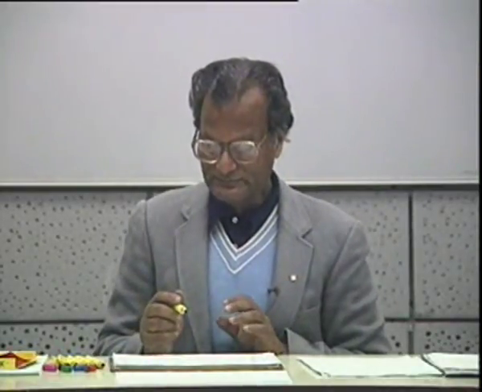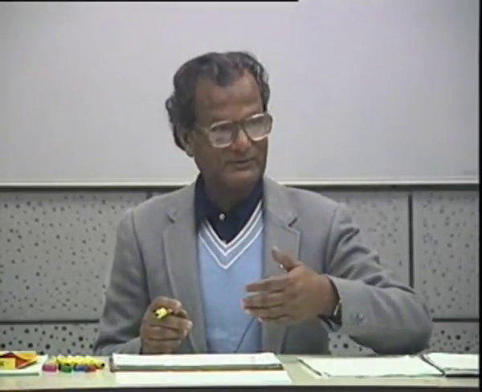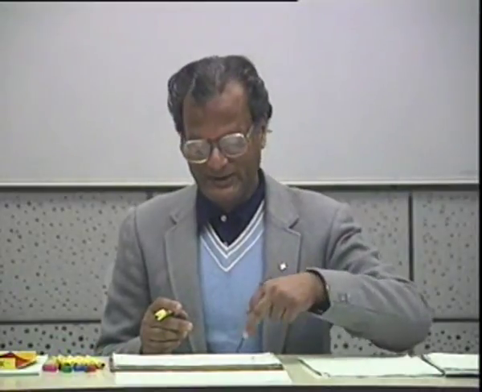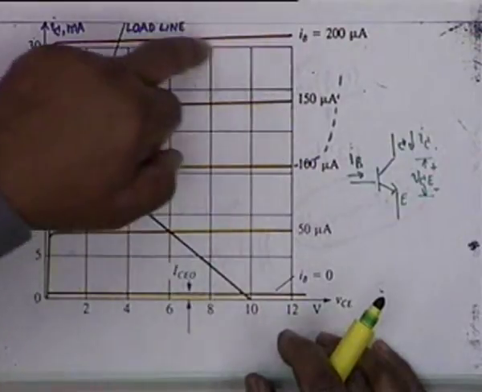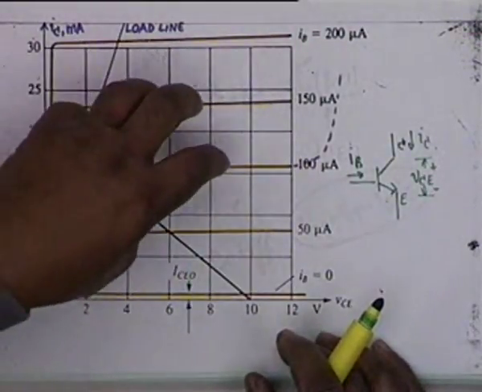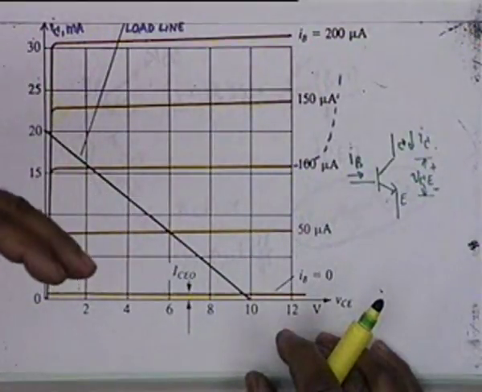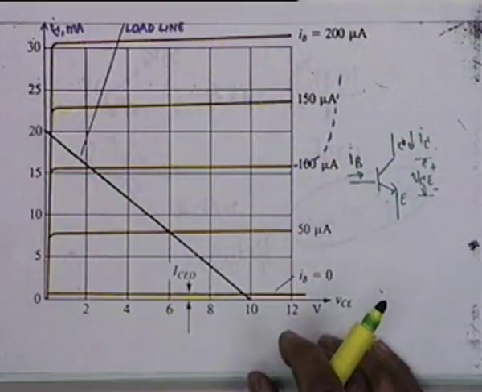Nevertheless, through examples, we shall illustrate what happens under cutoff, what happens in saturation, and so on and so forth. But you must remember that it is this large region of the characteristic which we are concerned with, in which the lines of IC versus VCE for a fixed IB as a parameter are parallel.